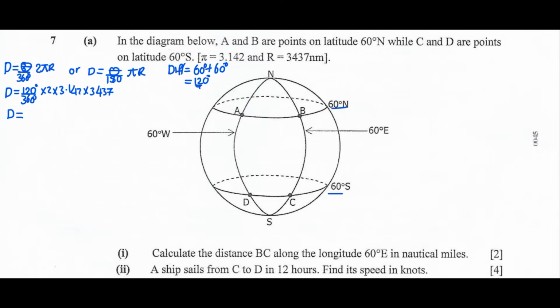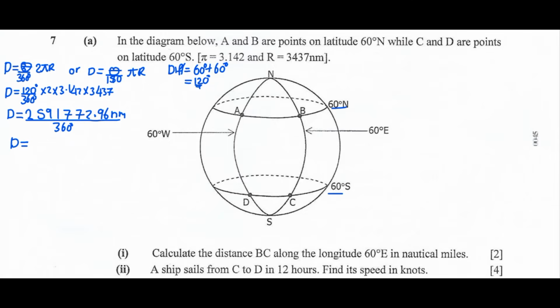I'm getting 2,591,772.96, not commas. Then you divide by 360 here.